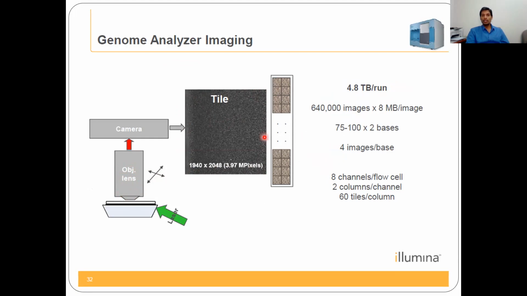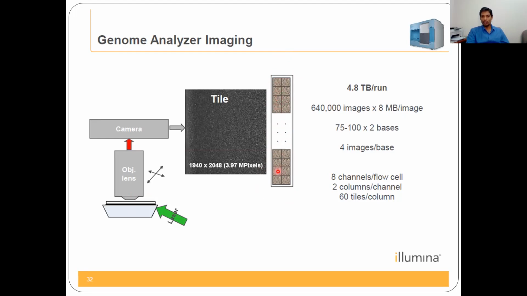So once it takes the picture, this is one tile. So each column, this is one column only. Sorry, each channel is having two columns inside it. Each column is having multiple tiles. See, this is one tile, two, three.